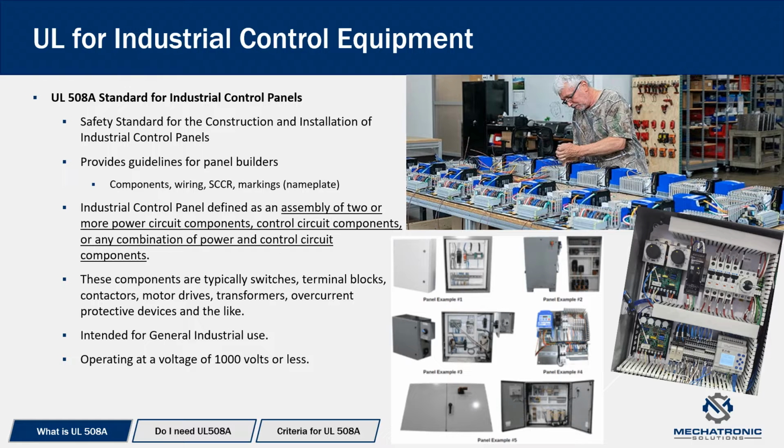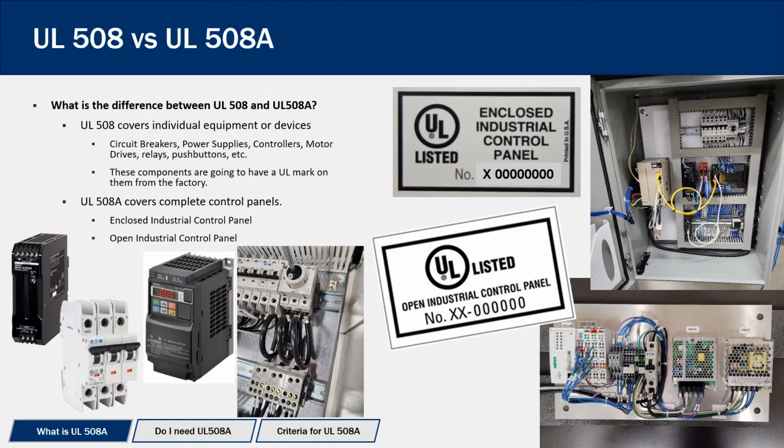What it doesn't include is motor control centers, switch gear, that sort of thing. So it's just some of those more service related and service entry related items in an electrical installation.